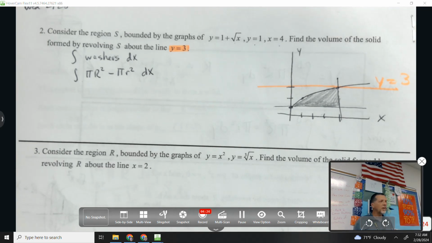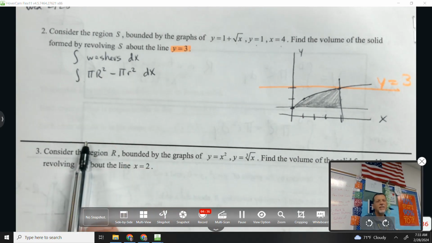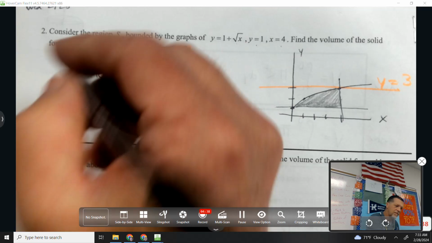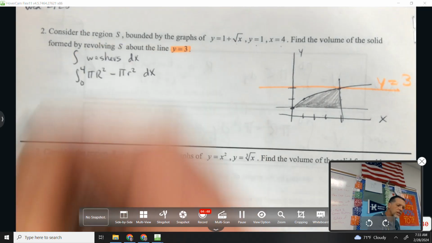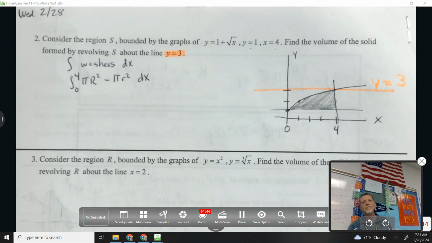And if your slices are dx, then that determines everything else. Everything has to be in terms of x. Leo, what would your limits be? That would be 0 to 4. Good, 0 to 4.